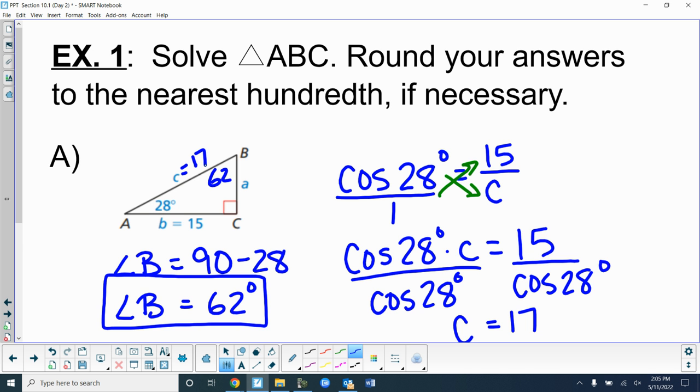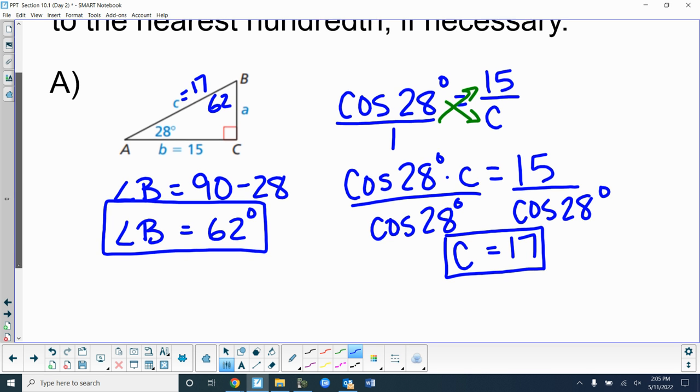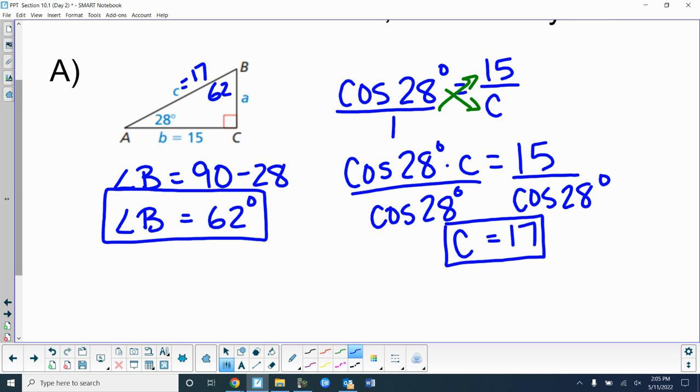Then you could do Pythagorean to finish, or you could use sine of 28 equals A over 17 if you want. You know, use your trig functions. I'm just going to do the Pythagorean theorem. So A squared plus 15 squared equals 17 squared.